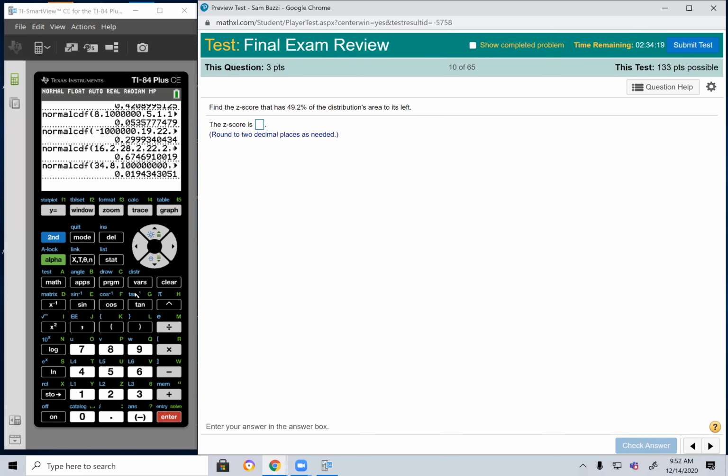Find the Z-score that has 49.2% of the distribution area to its left. Let me sketch this one and show you how to. When you find the Z-score, it's an inverse norm. He says the area is 49.2%.